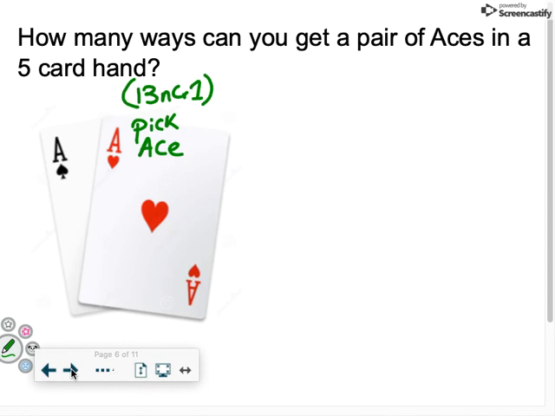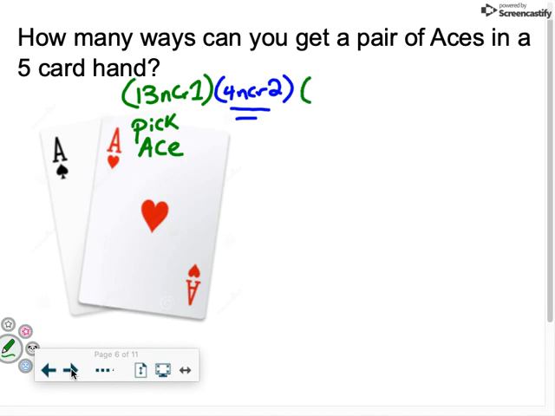Then what we do is I want to have 2 of those cards, right? I want a pair. So I'm going to do 4 nCr 2. Of my 4 aces, I want 2 of them in my hand. Now the next piece I have to worry about, okay, well, what are my other cards?